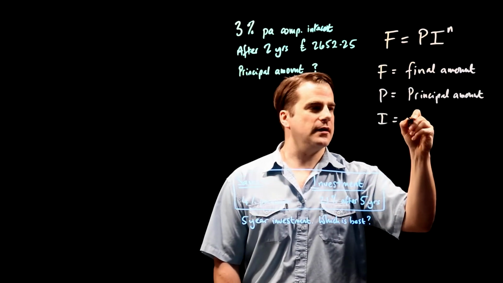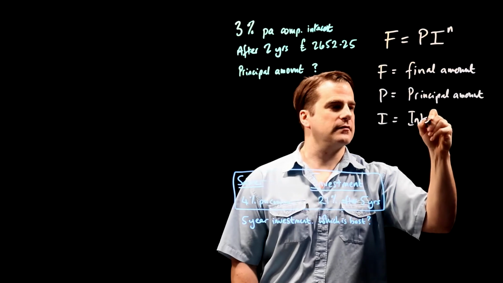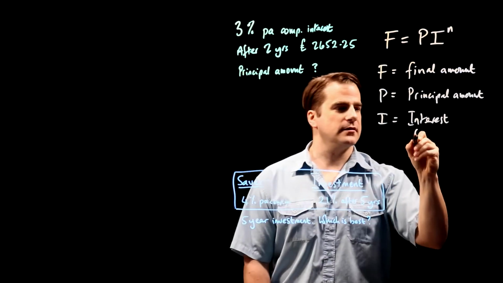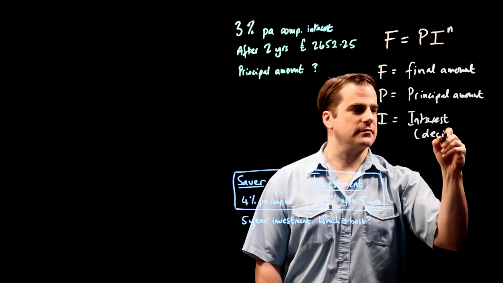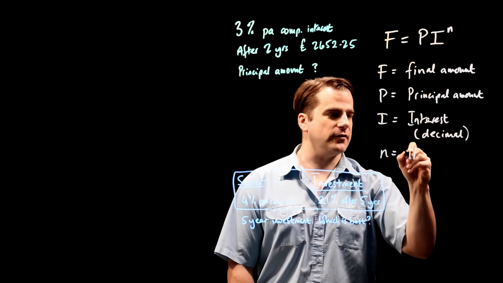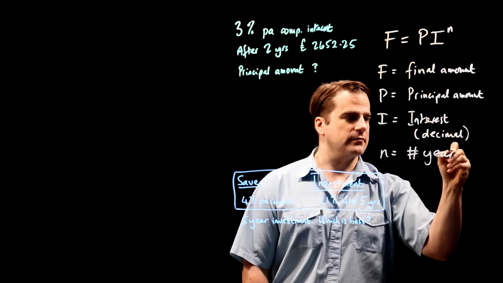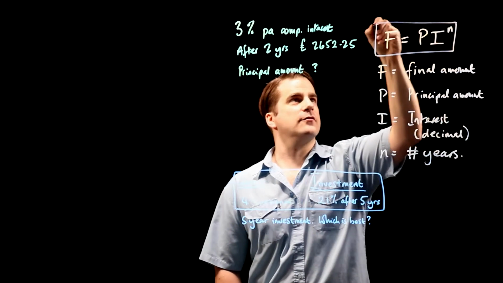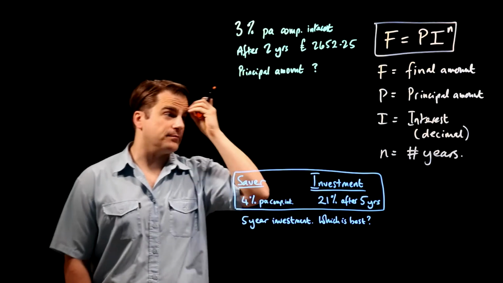I is the interest expressed as a decimal. Interest as a decimal. And N is the number of years. So remember that formula, F equals PIN.